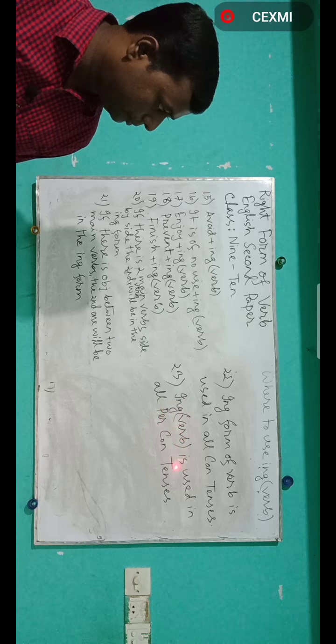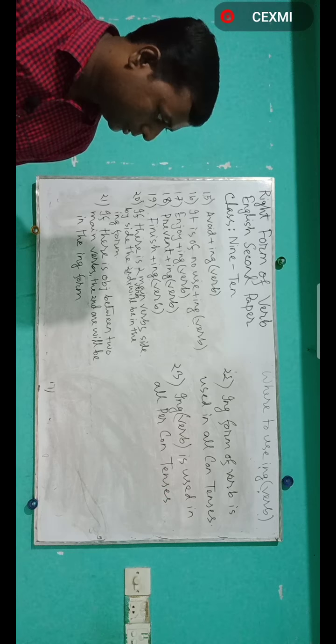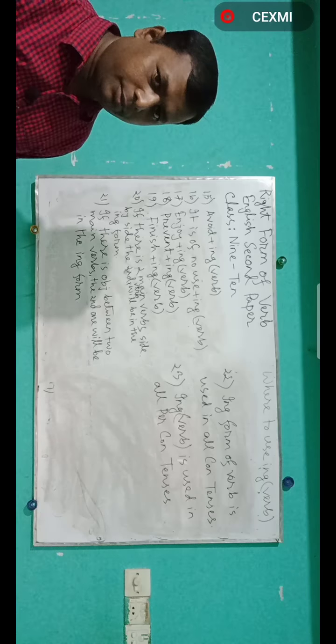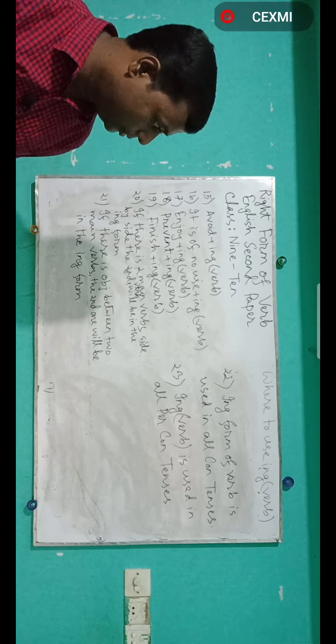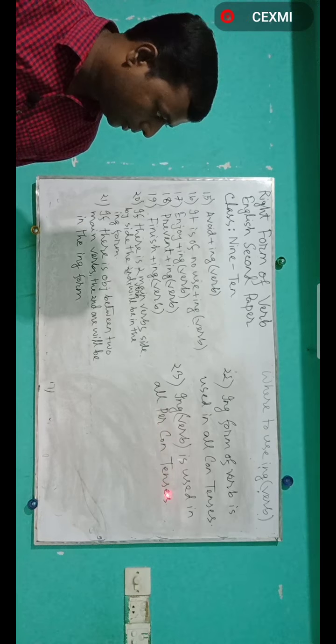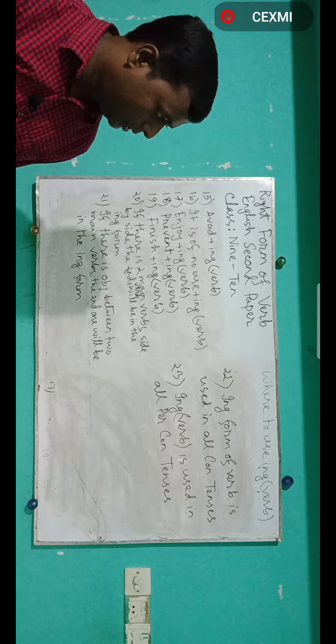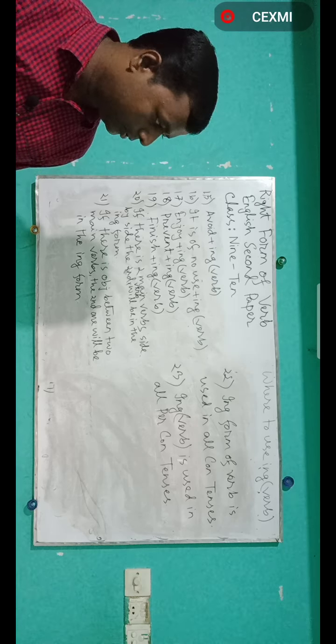Ing form of verb is used in all perfect continuous tenses. That means in present perfect continuous tense, past perfect continuous tense, and future perfect continuous tense, ing form of verb is used. For example, I have been writing. This is an example of present perfect continuous tense.